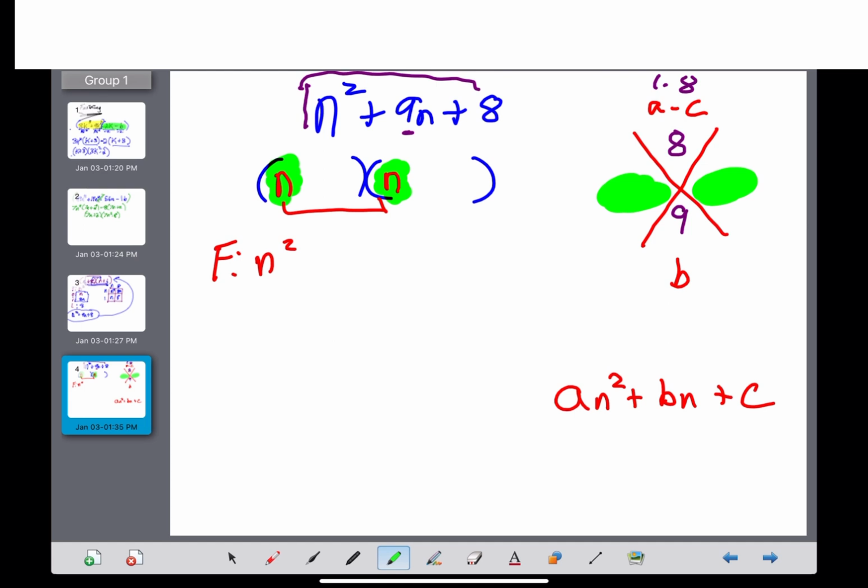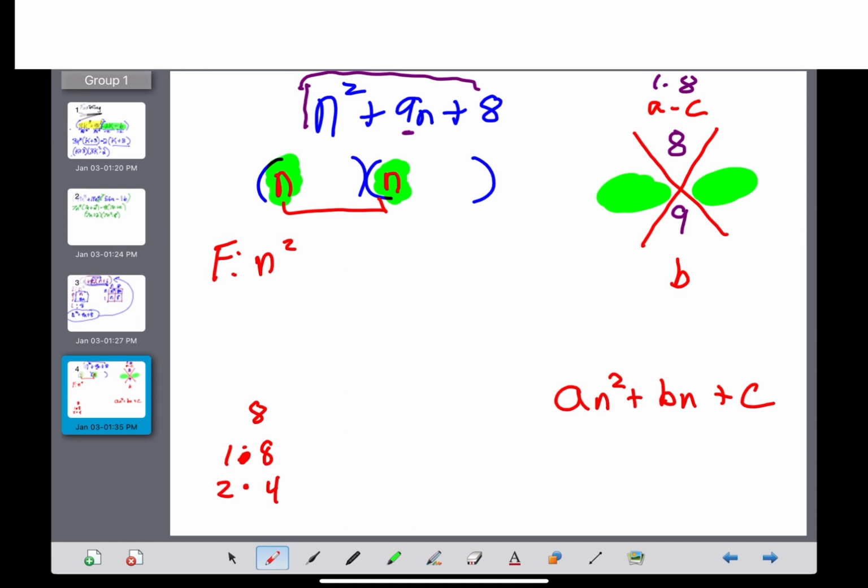So if I look at the factors of 8, what numbers multiply together to be 8? Well, 1 times 8, 2 times 4. Are there any others? No. But if I look at those two, which ones add up to be 9?